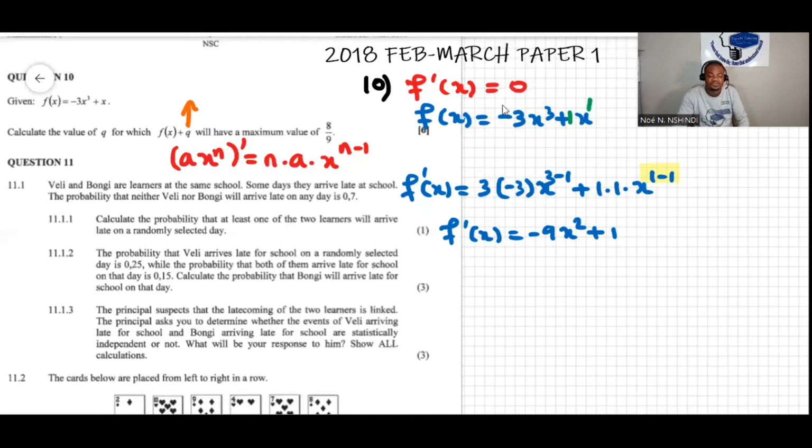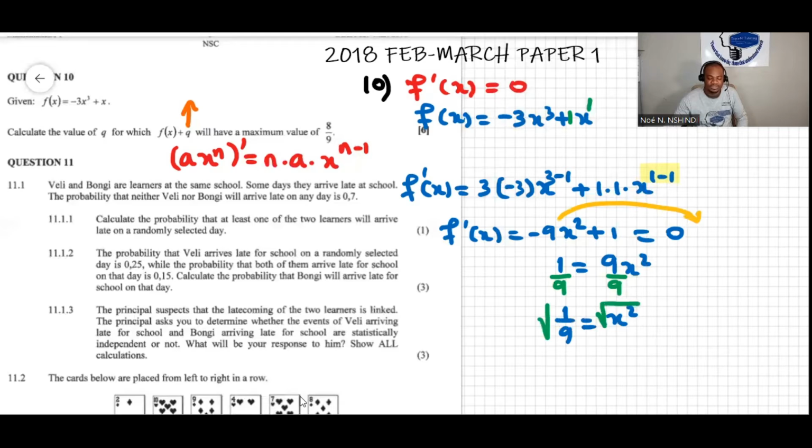This is the derivative. Now I'm going to set the derivative equal to 0. If I move the negative 9x² over, I have 1 equal to 9x². To find the value of x, I can divide both sides by 9, so 1 over 9 equals x².